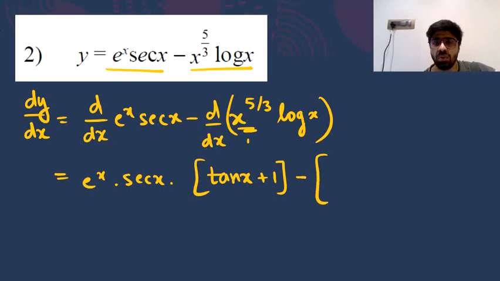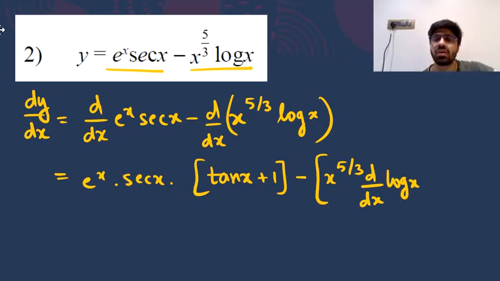So you have u into v. So we have x power 5 by 3, that is u, into the derivative of v, plus v into the derivative, that is d by dx of x power 5 by 3.